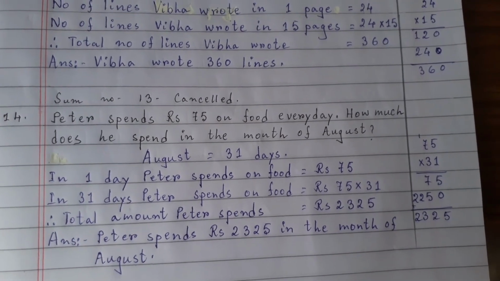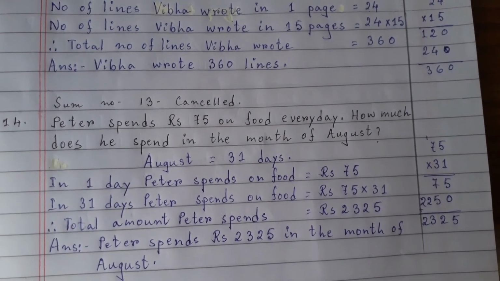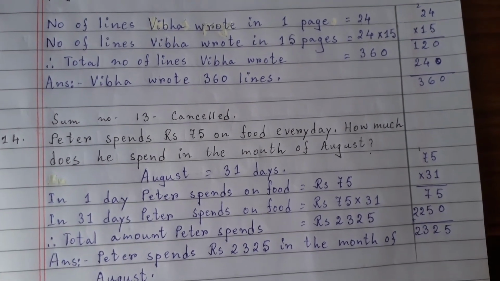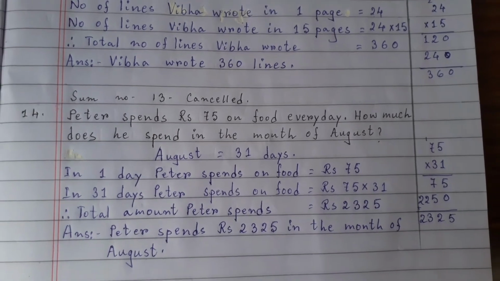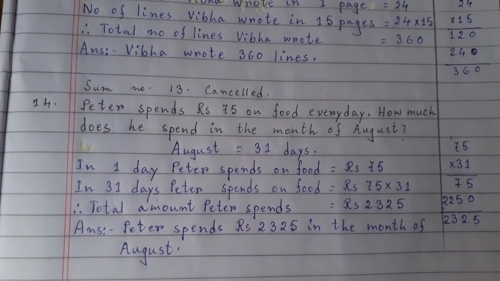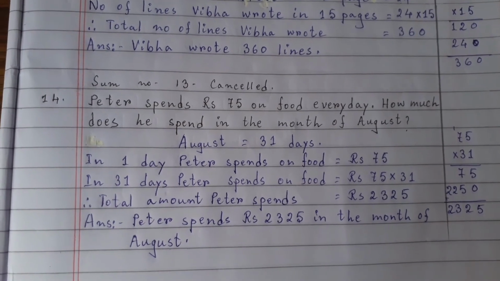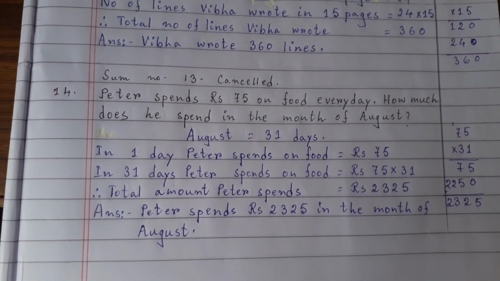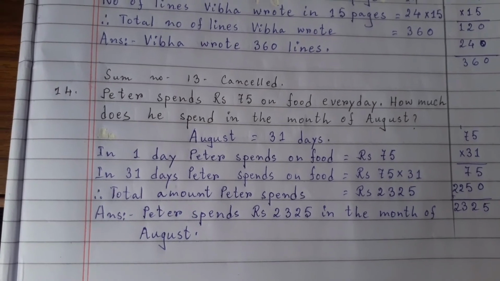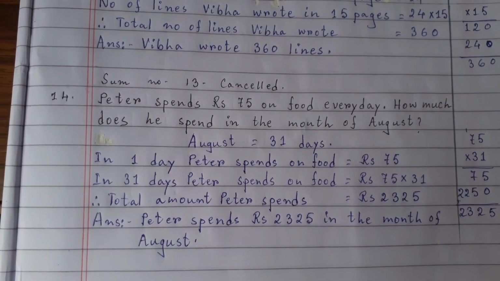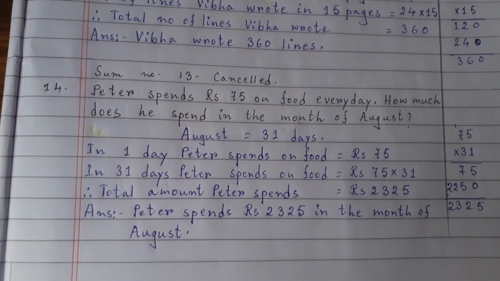Therefore, total amount Peter spends in 31 days is rupees 2325. The question is, how much does he spend in the month of August? So we will write down the answer. Peter spends rupees 2325 in the month of August.